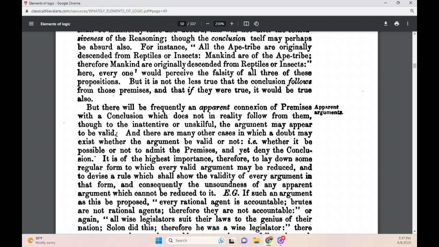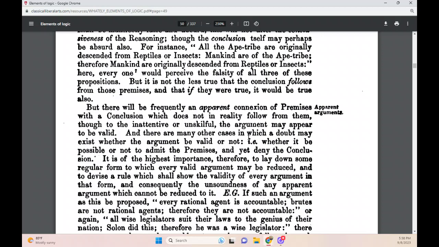This is how people are deceived. This is why sophists, people who deceive, are so effective, because inattentive people, people who don't pay attention, and unskillful people, people who are not well trained in logic, the arguments appear to be valid. That's what makes them deceptive.